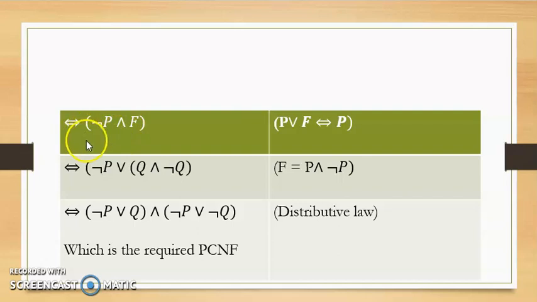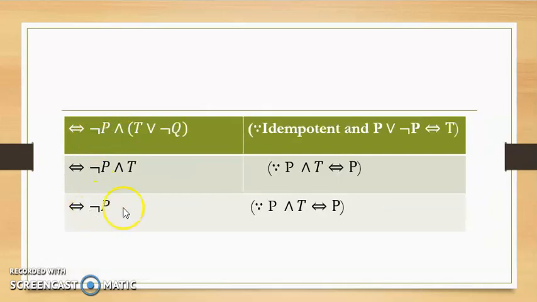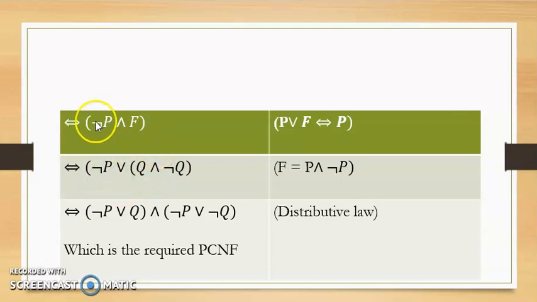Next step, we take not P we got. Your third step is we have to take intersection, that is not P and F. When we take not P and F, this F can be replaced as Q and not Q, so that we bring the max terms, the product of max terms.